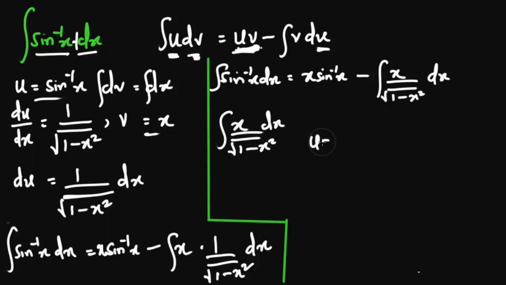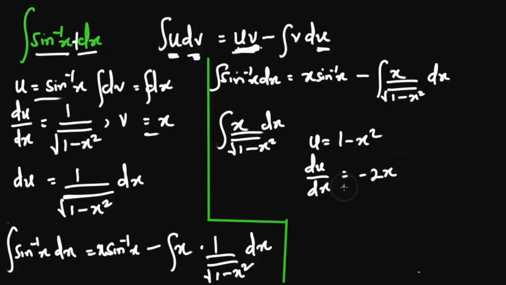Okay, if I pick u equals x and I differentiate u with respect to x and I get 1, is this going to help me? Taking a look at this, no, this is not going to help me. So let me try picking 1 minus x squared. When I differentiate u with respect to x, what do I have? I have minus 2x, right?